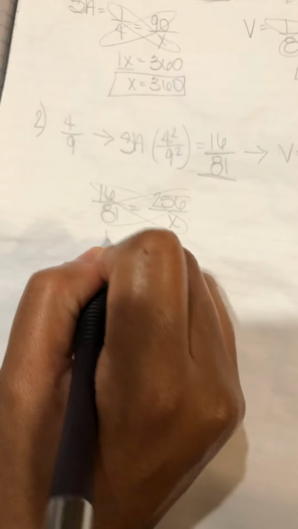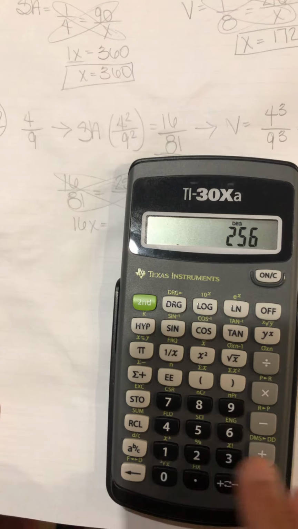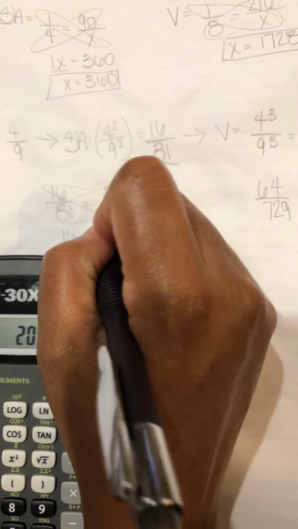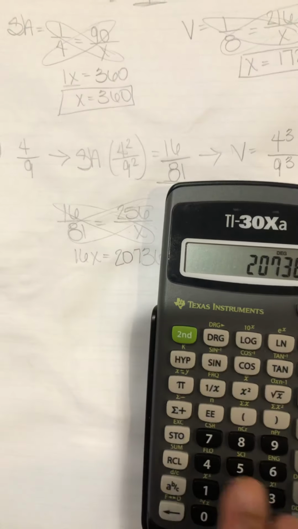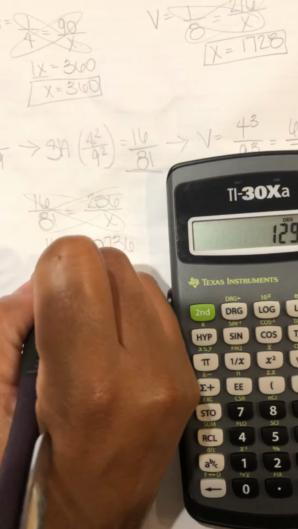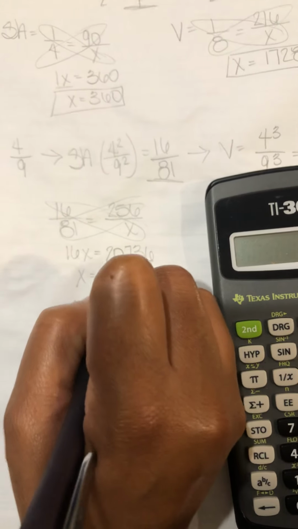Here I have 16 times x, which is 16x, and then I have 256 times 81, which gives me 2736. Of course, after that, I'm just going to divide by 16 in order to get x by itself. So x is equal to 1296.